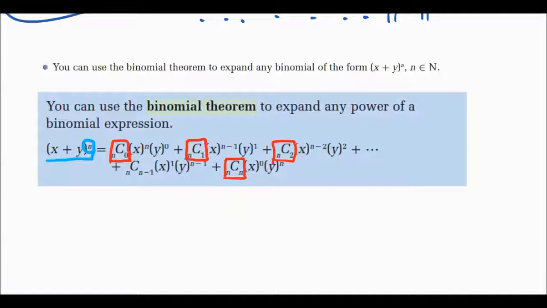That's Pascal's triangle numbers for the nth row, or its combinations. The next part is this. The first term is x. And in this whole first term, that x is taken to the power of n. Then that x is taken to the power of n minus 1. We keep subtracting until we get to the power of 0 for x.